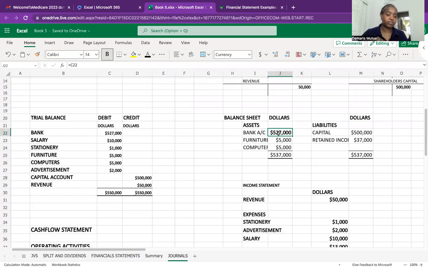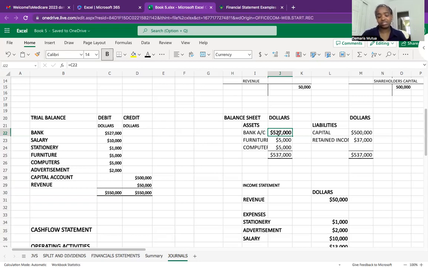So that is how the financial statements are intertwined, and they speak the same language. Data from the trial balance is used to prepare the balance sheet and the income statement. Then the data that we have on our balance sheet and our income statement is the same data that we use to prepare our cash flow statement.